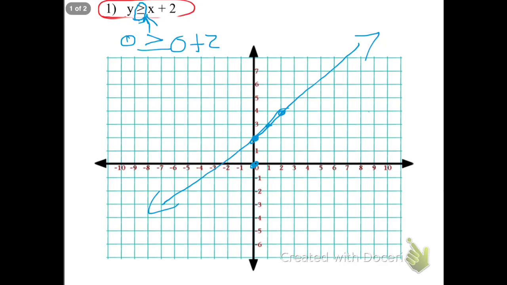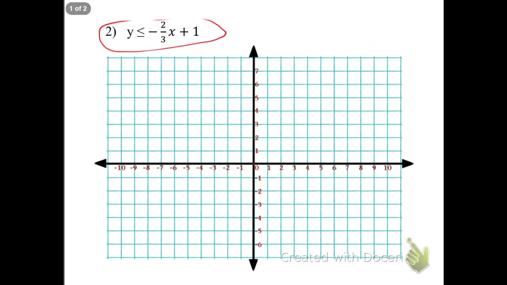Is it true that 0 is greater than or equal to 2? The answer to that's no. So you're not going to shade on the side with 0, 0. So this side would be the wrong side. You're going to shade the other side because that side would be true. Ta-da! Number 1's done.